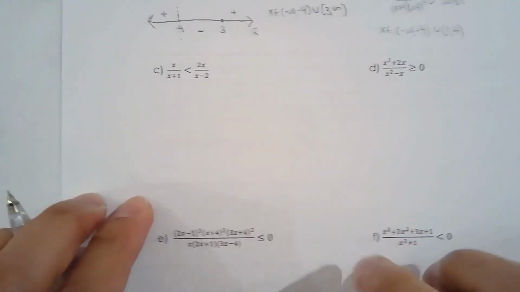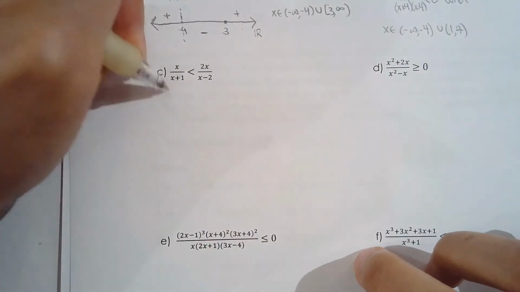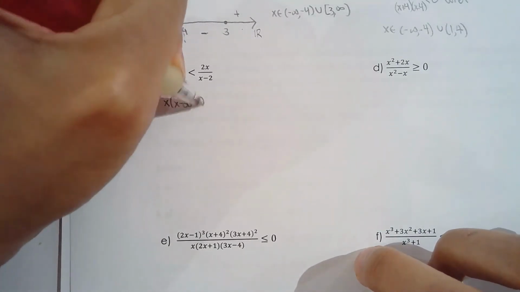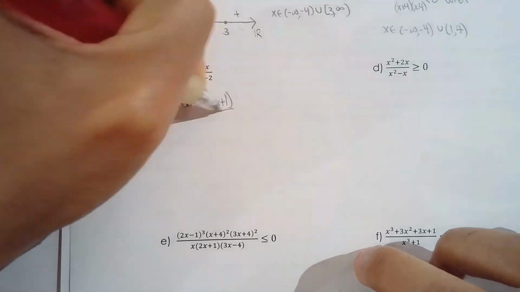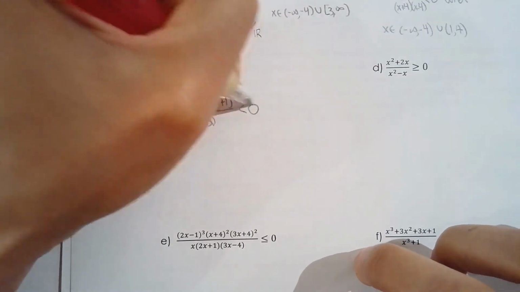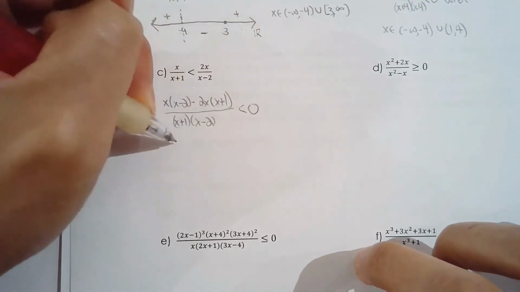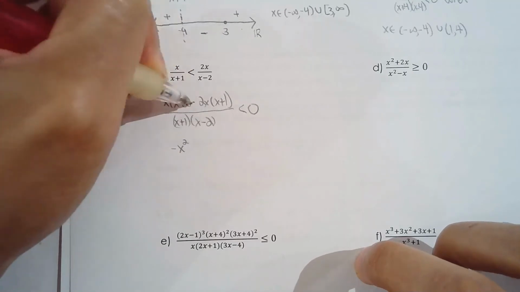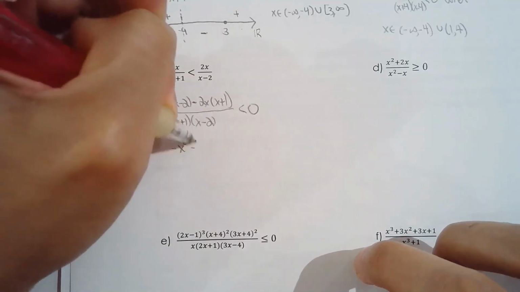Beautiful. All right. This one, I gotta do some work. I gotta set equal to 0. No problem. That's my x squared minus x squared minus x squared minus 2x and minus 4x.